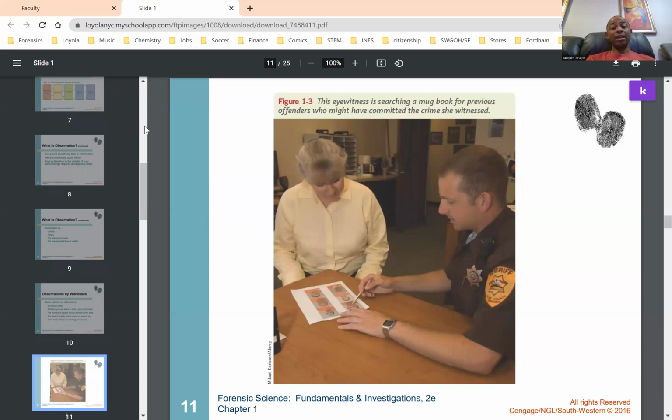If someone in that mugshot looks scarier than the others in the pictures, there's a good chance that the scarier picture will be chosen as the offender more often than the others.